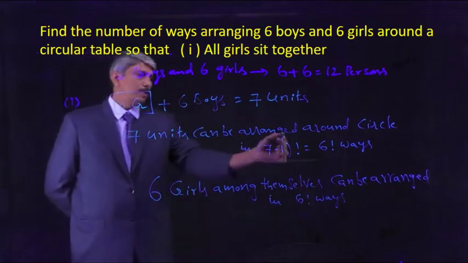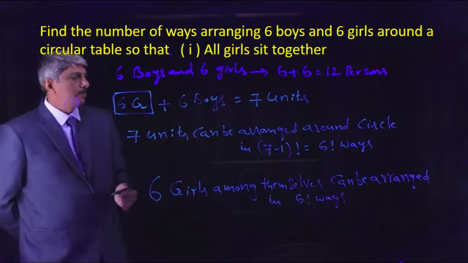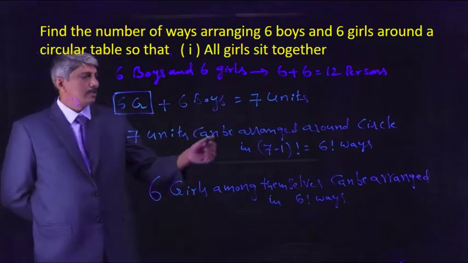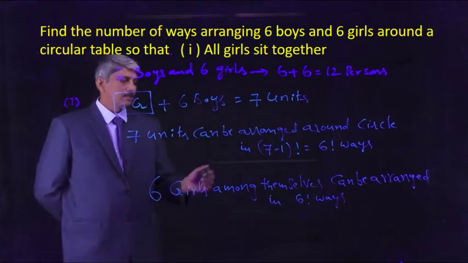Therefore, this is the first operation and this is the second operation. The first operation: 7 units can be arranged around a circle in 6 factorial ways. The second: 6 girls among themselves can be arranged in 6 factorial ways.